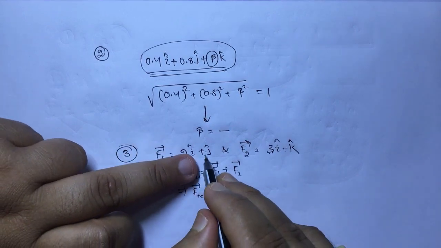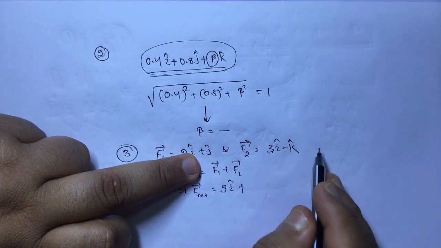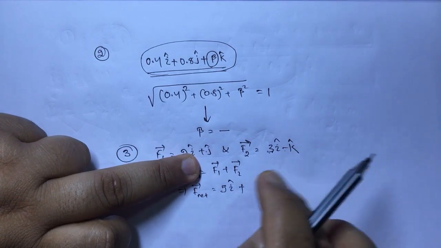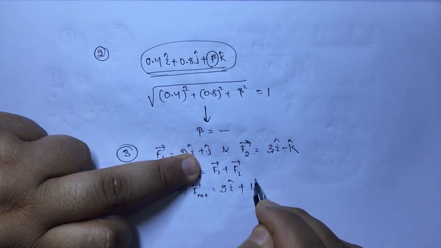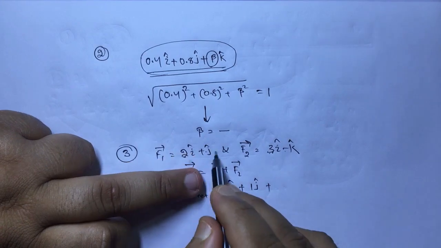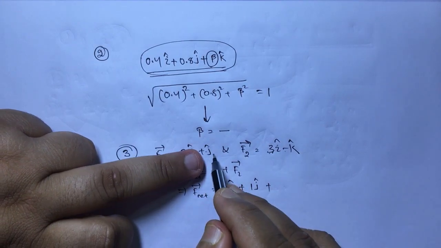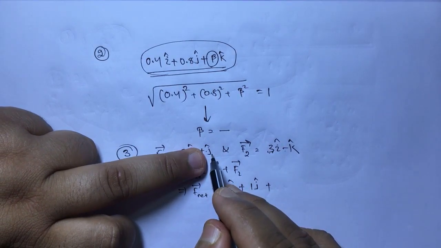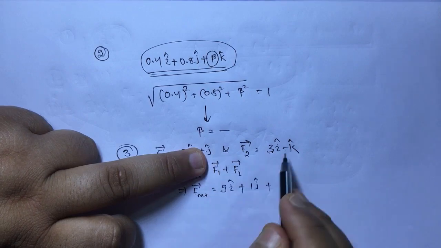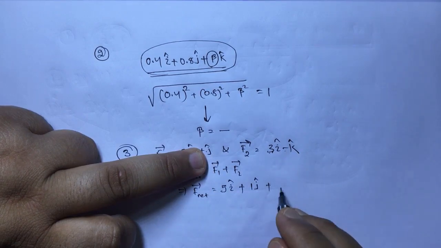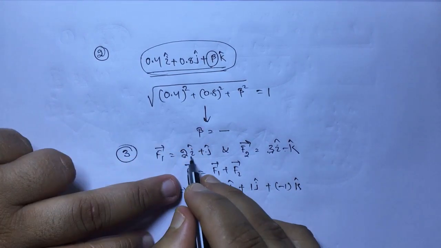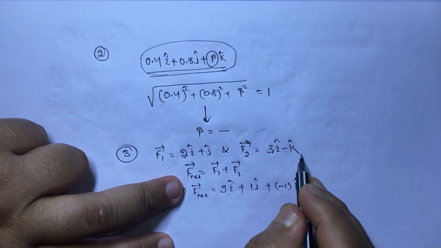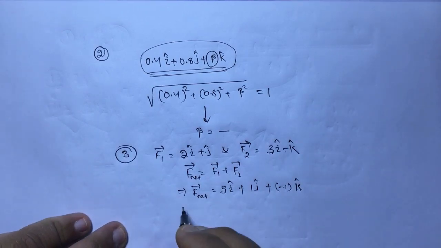Here it is 1 and here it is 0, j cap is not given, which means it is 0 j cap. So, it is 1 plus 0 j cap. The k cap part is not given in F1, which means it will be 0 k cap, minus 1 k cap. So, it will be minus 1 k cap. Do it carefully. Here i and j are given, here i and k are given, that is why I have done this.